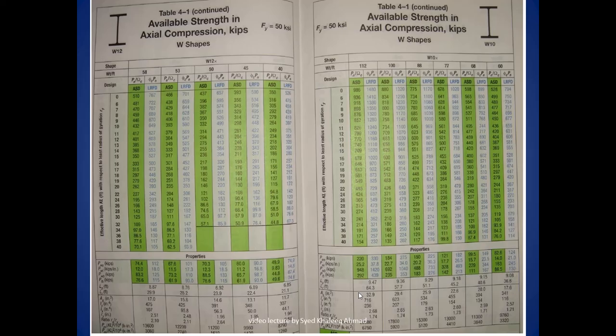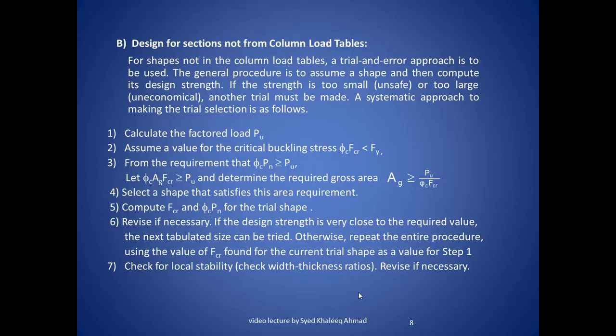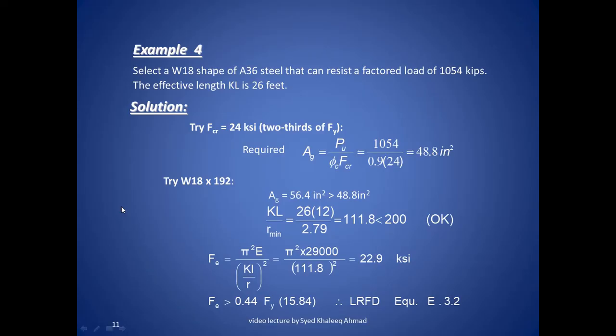This table can be used only in this situation, when you have to compute Fcr and phi c Pn. So you have to reach up to this, select a section. Once you select a section, then you can make use of these different tables. Otherwise you will use equations 3.2 or 3.3.